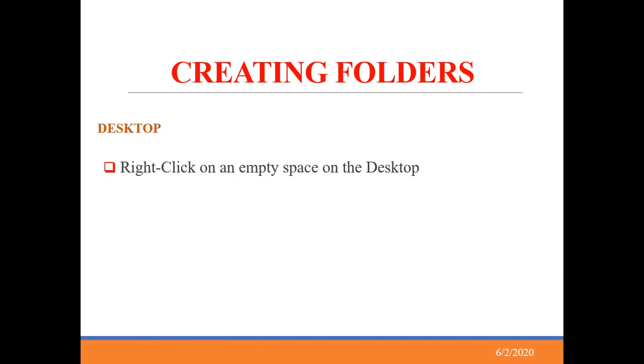We are creating a folder on our desktop specifically. So you look for a place which is empty, and then you right click there. And let's see what we'll do next. We'll select new, because after right clicking there will be a drop down menu that comes up. And then we'll slide our cursor down to where it says new. From there, we'll choose the folder.